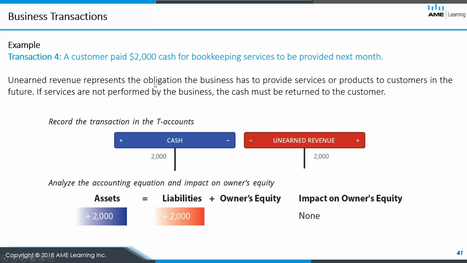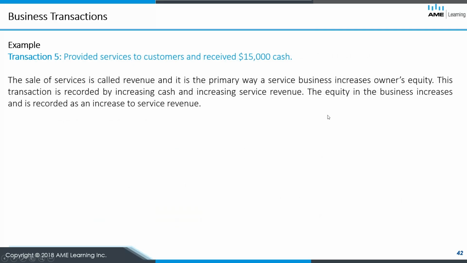And maybe we'll see that in a separate transaction. But when the services are actually provided, we're going to see unearned revenue decrease to 0, and then revenue will increase. So it transfers or transforms from unearned revenue liability to actual revenue on the income statement when the services are provided.